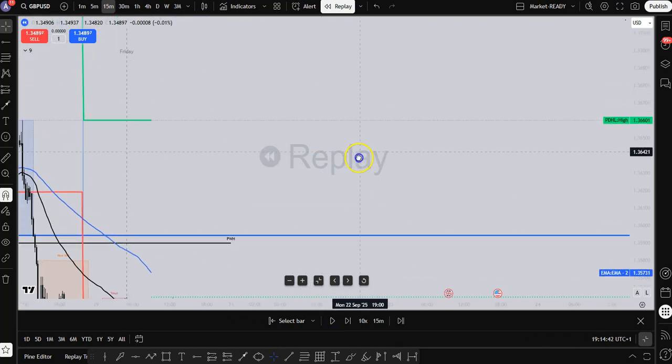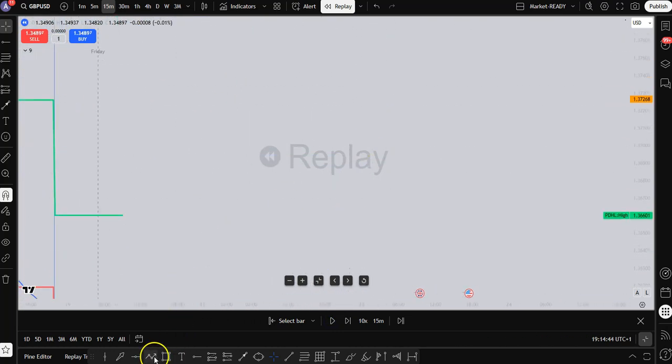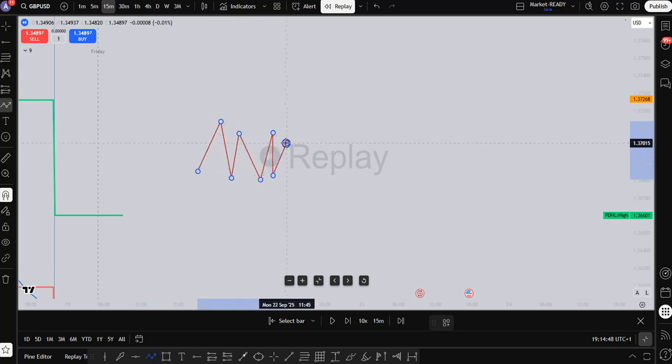My point is, when price is consolidating, as most of you know, the moving average is flat. It has a very neutral slope. Let's try to change the color here.